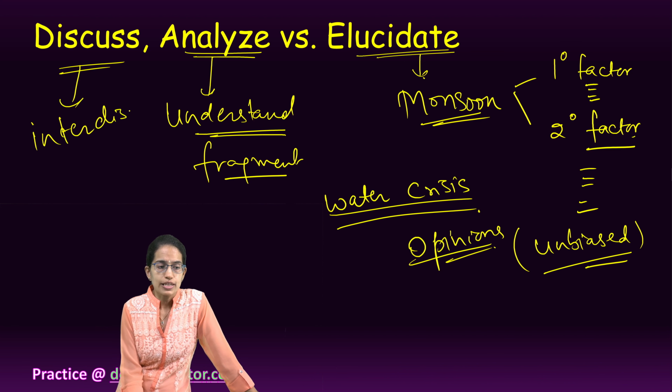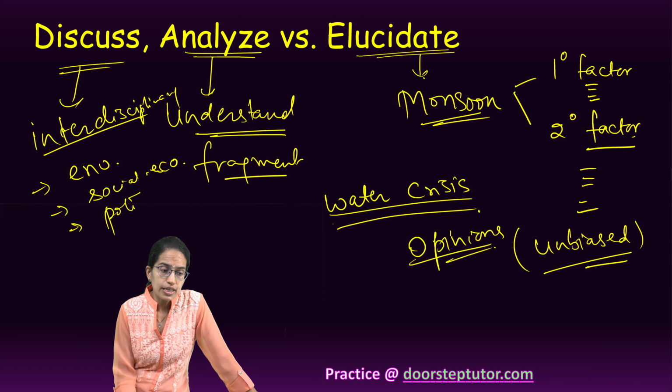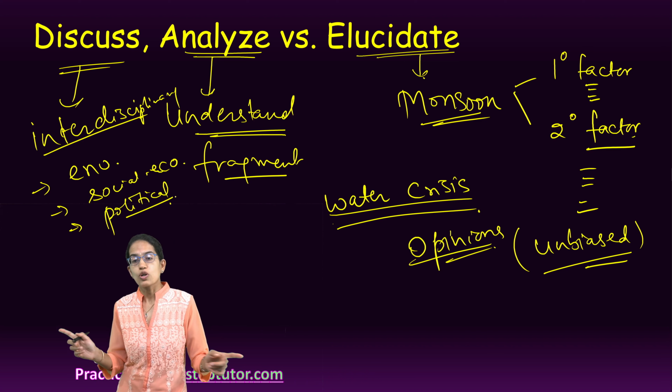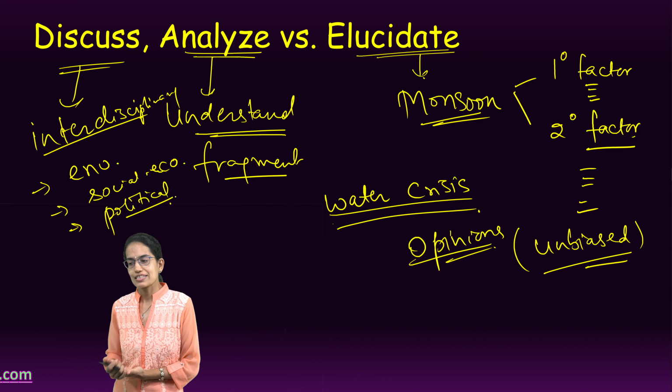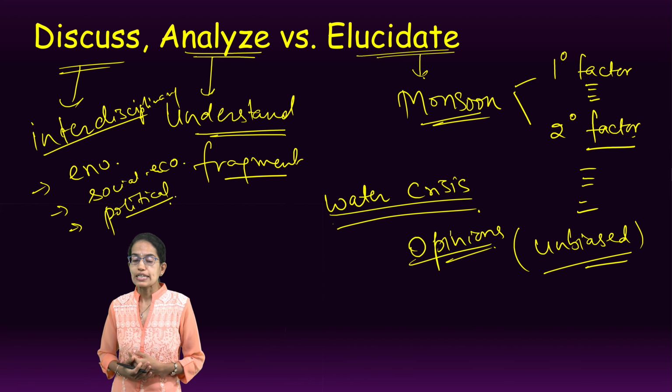Let's say it's water crisis, the same topic, right? On the same topic, when you are talking about the issue, you are not just mentioning the environmental concern, you are also mentioning how it would affect the socio-economic life of an individual, and how there could be political issues across nations, or cross-border issues, or interstate issues that can arise because of water scarcity or water crisis, and the methods in which water crisis can be resolved.